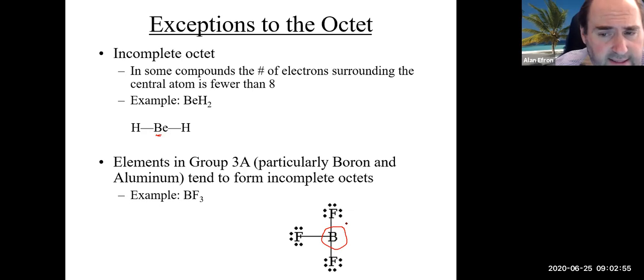In that particular case, boron is perfectly fine. Because it has that incomplete octet, it is sometimes referred to as being electron deficient, because it doesn't have the traditional 8 electrons around it. So it's deficient. It actually makes it a really good Lewis acid, and we learn that in the next class as well.